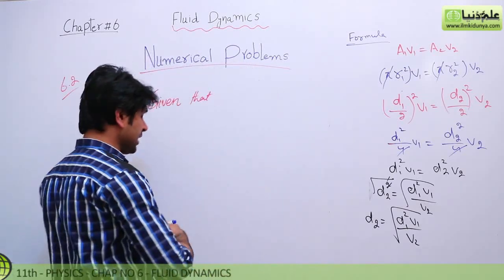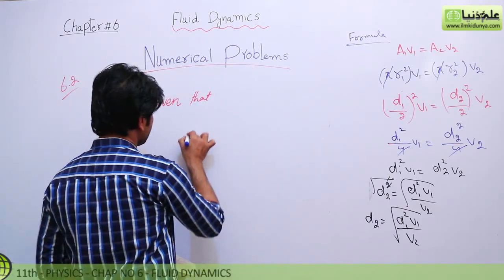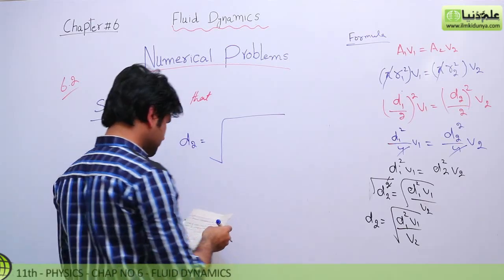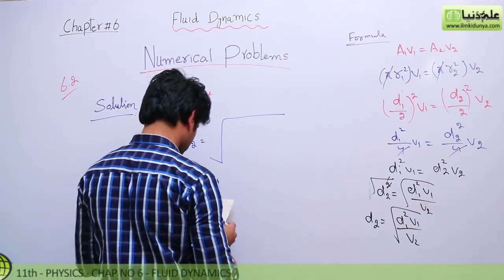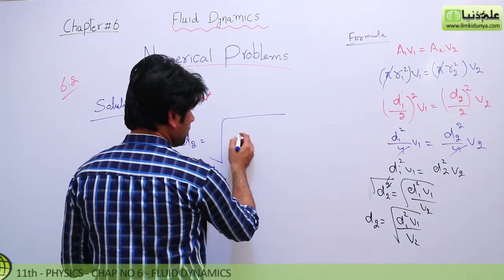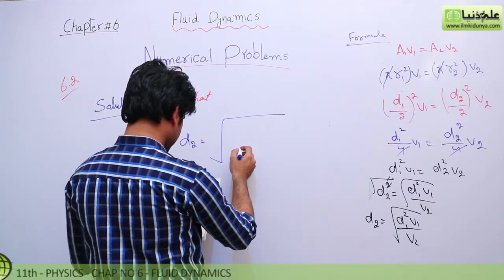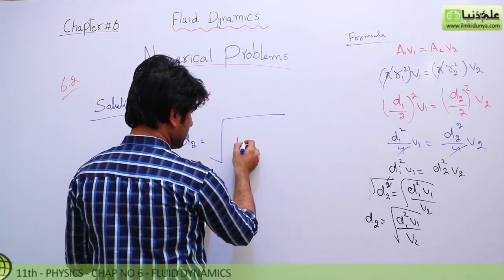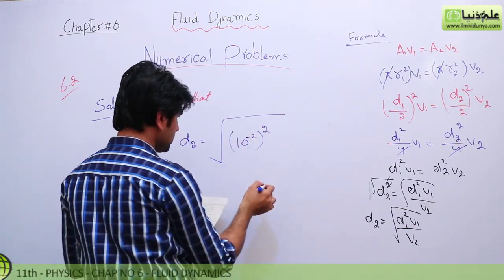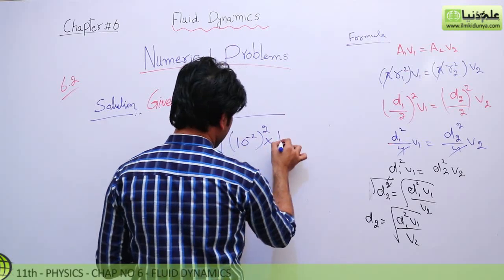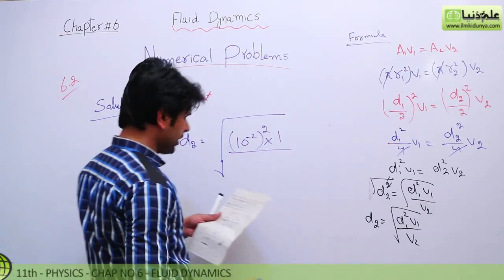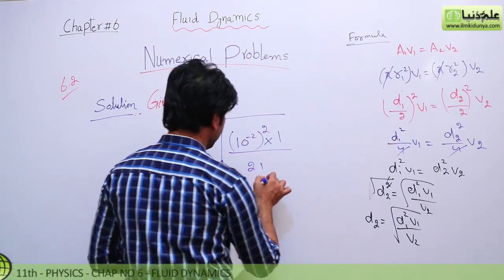Now we will use this formula to find out the diameter of the nozzle. By substituting the values, the first diameter is 10 to the power 2 square multiplied by V1, which is 1 meter per second, and V2 is given as 21 meter per second.